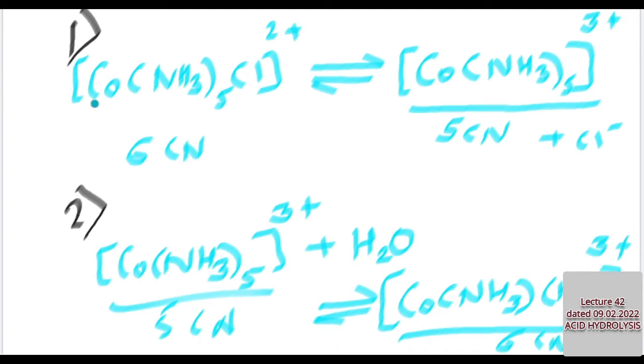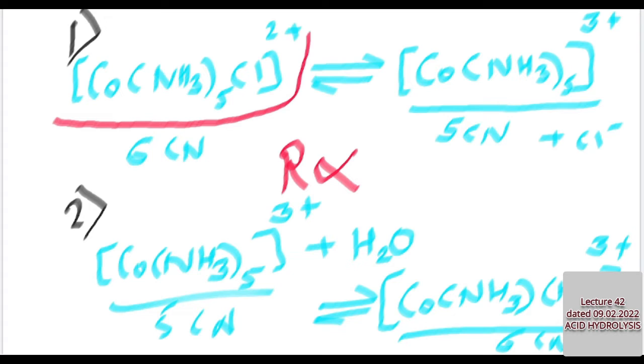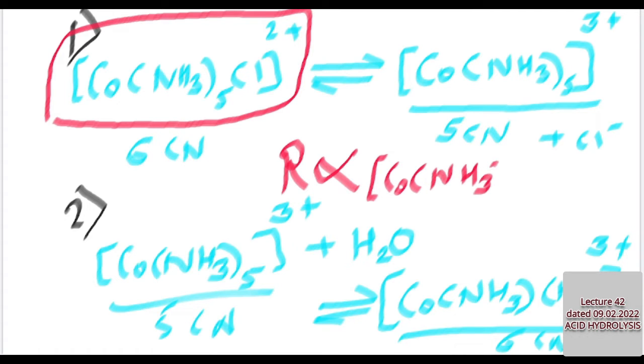If this mechanism were true, then what should be the rate law? The rate of the reaction should be directly proportional to the reactants which are in the rate determining step. Here there is only one reactant, that is the complex [Co(NH3)5Cl]2+.